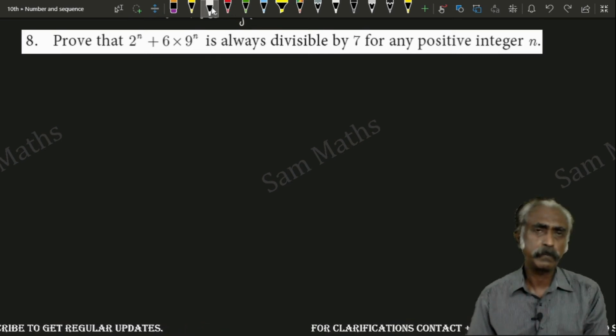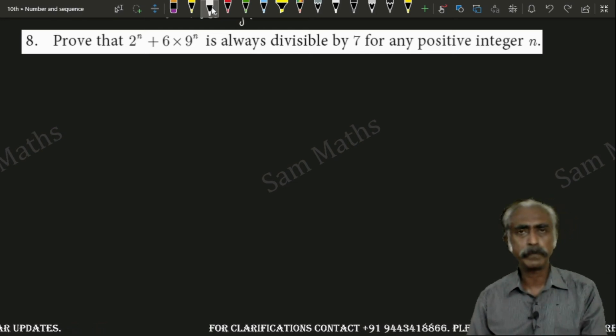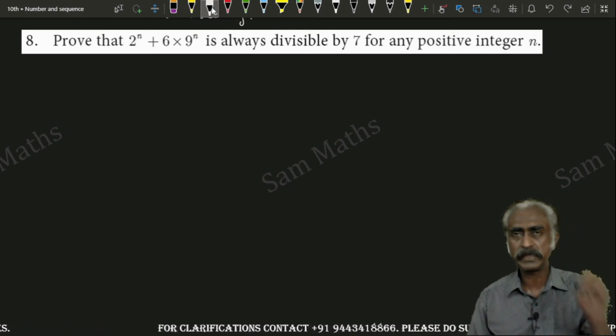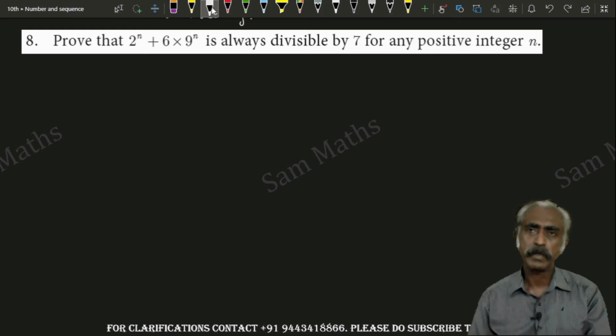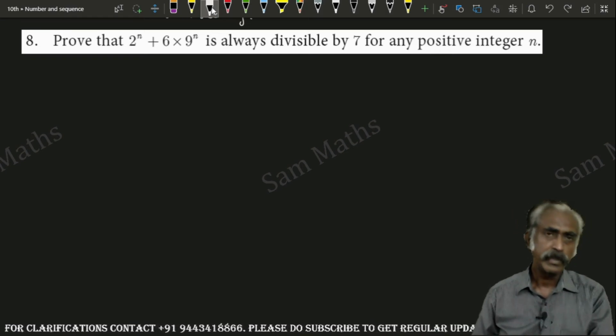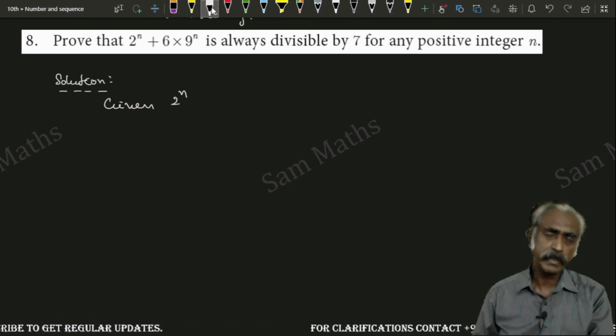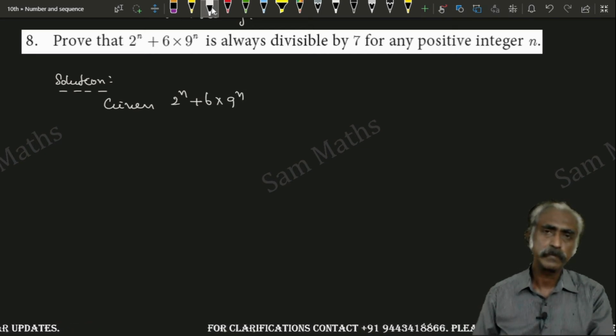8th question, prove that 2 power n plus 6 into 9 power n is always divisible by 7 for any positive integer n. Listen carefully. Solution: given 2 power n plus 6 into 9 power n.